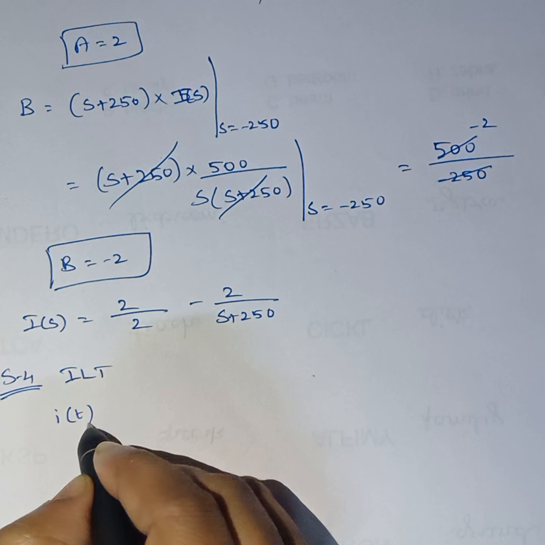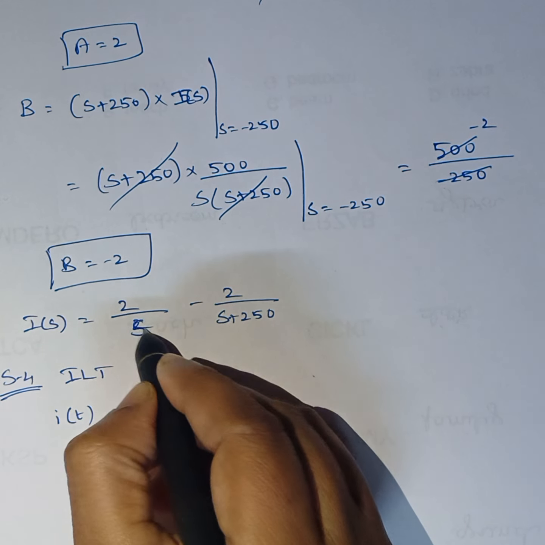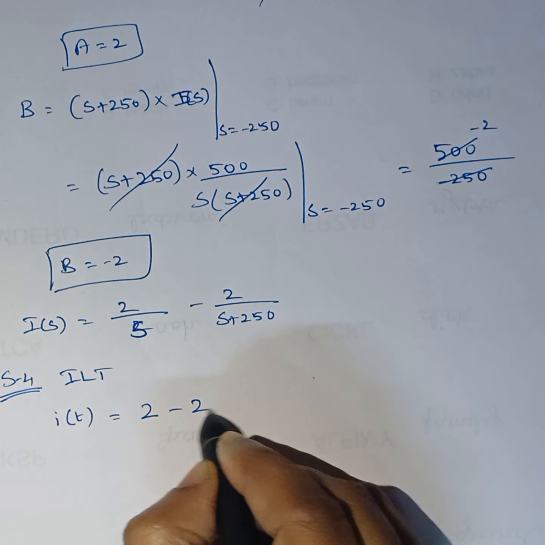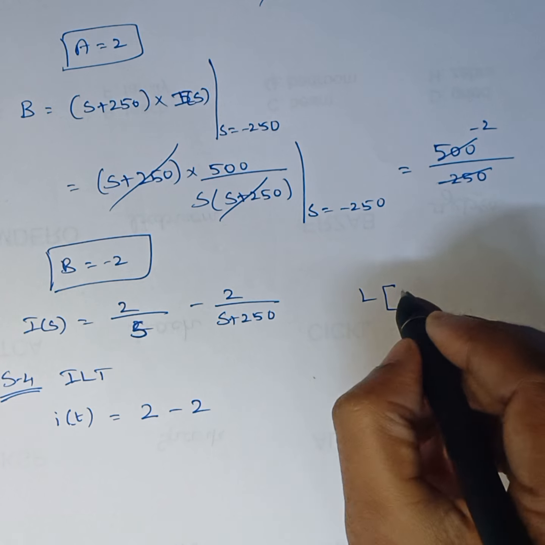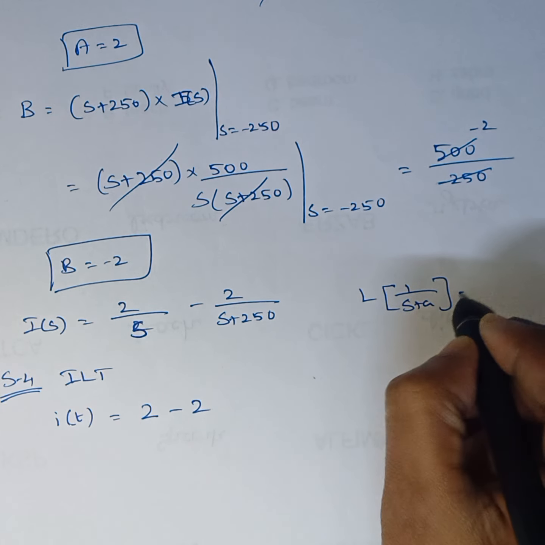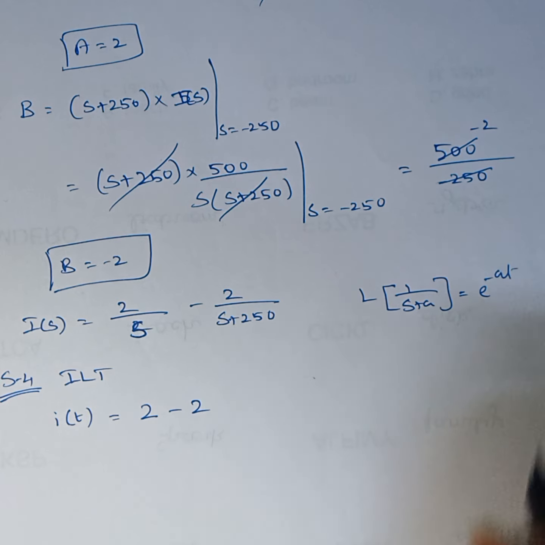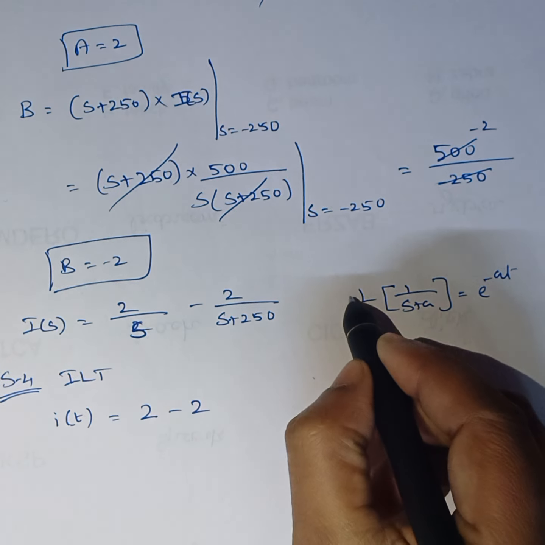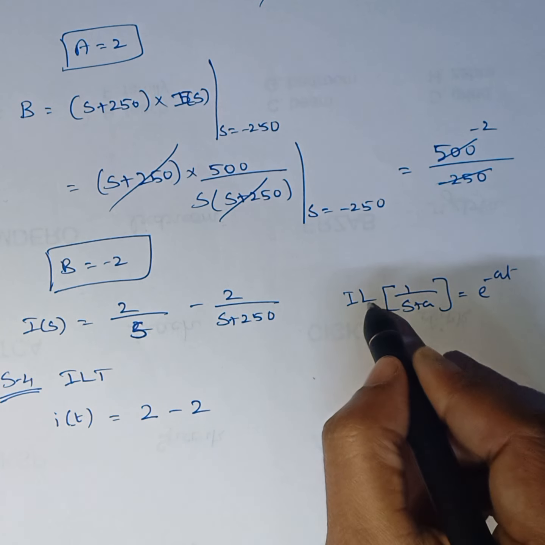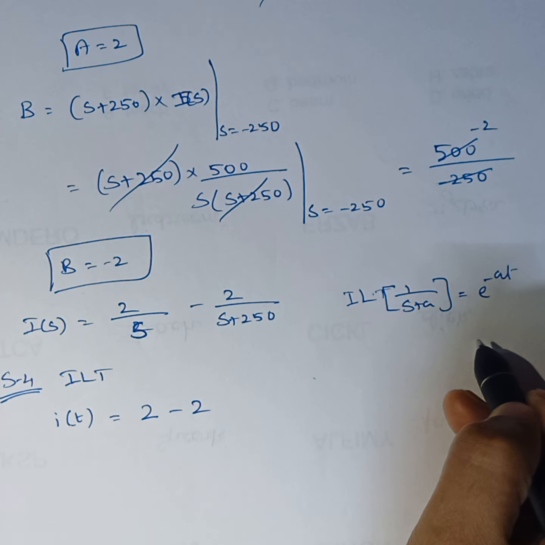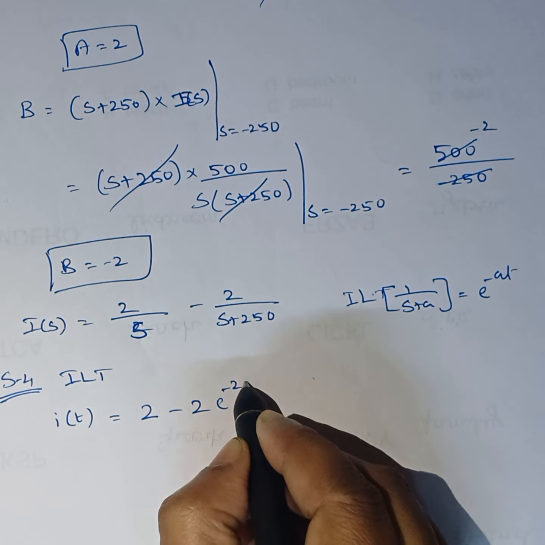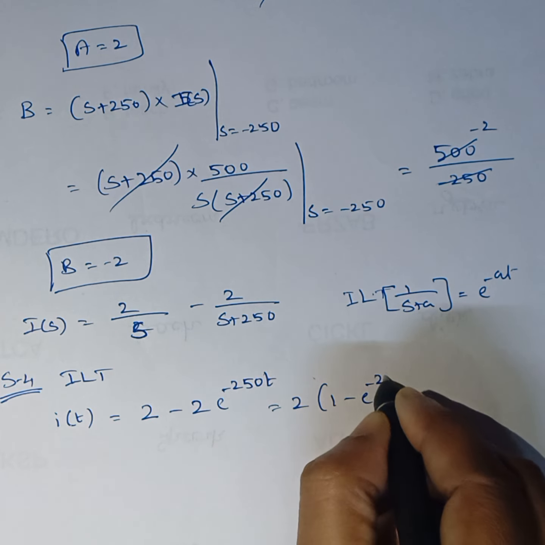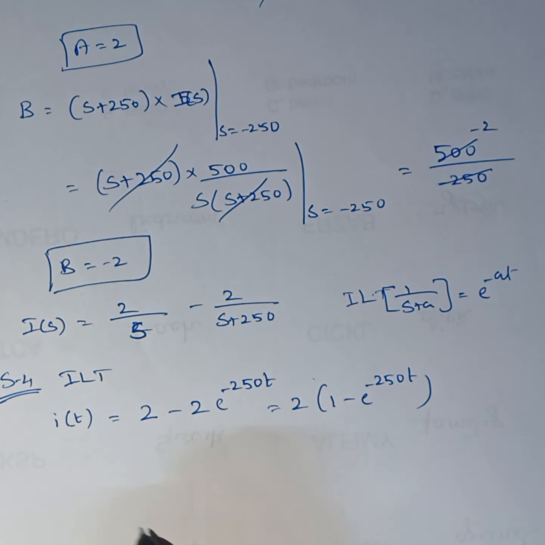If you take the inverse Laplace transform, I of t is equal to 2 by s, so 2 minus 2 times the inverse Laplace transform of 1 divided by s plus a, which we know is e power of minus at. So you'll get e power of minus 250t, which can be written as 2 into 1 minus e power of minus 250t. Clear?